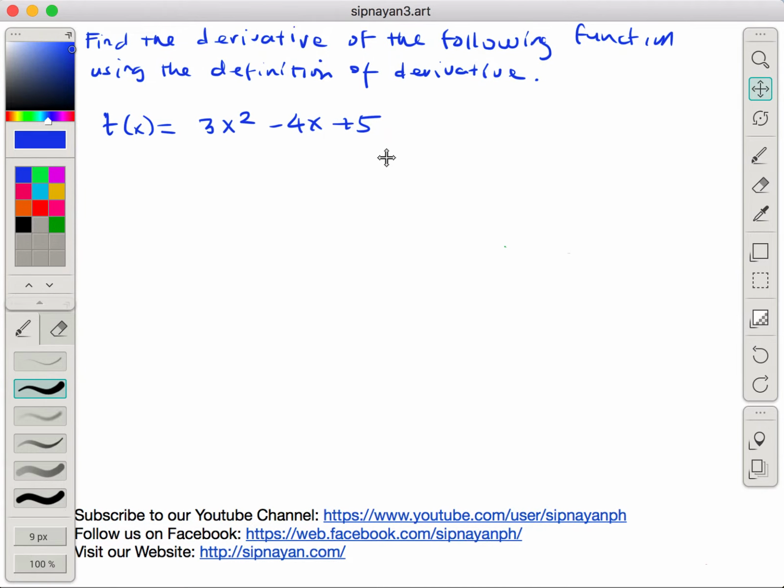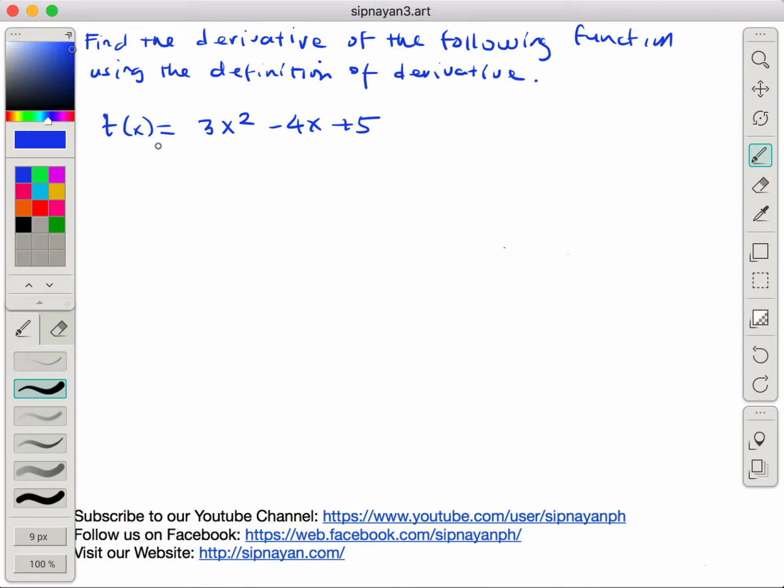So, here we have a function t of x equals 3x squared minus 4x plus 5. At gusto natin kunin yung derivative using the definition. So this is t of x. Okay, so using the definition, yung formula na kanina sa taas, siyempre papalitan din natin yung f ng t, depende sa pangalan ng function.